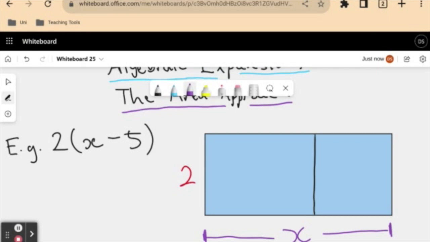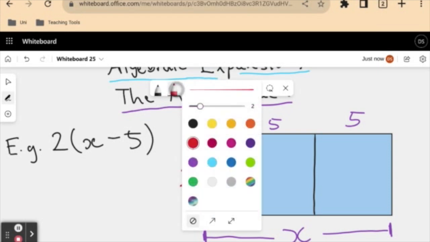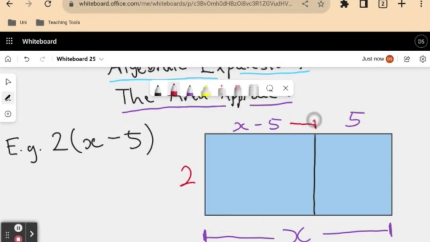But check this out. If I were to say, for example, that this was 5, what would that make my length here? Well, that would make that length 5 less than x. So we can call this x minus 5 from here all the way to here.